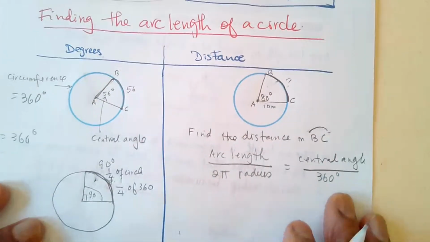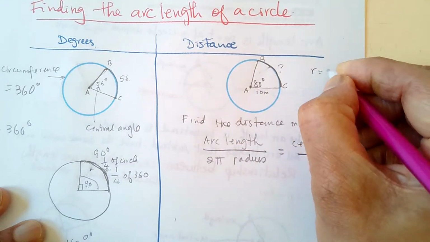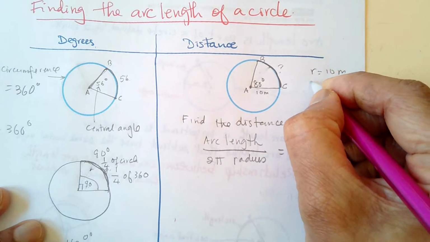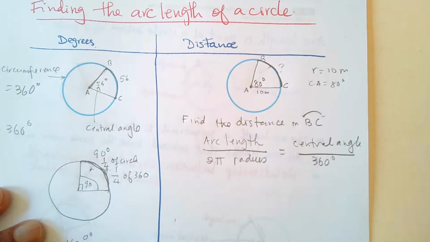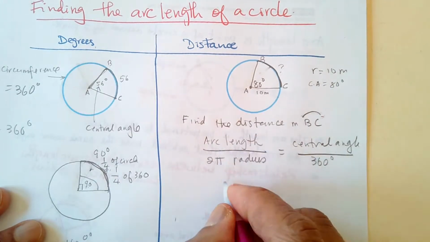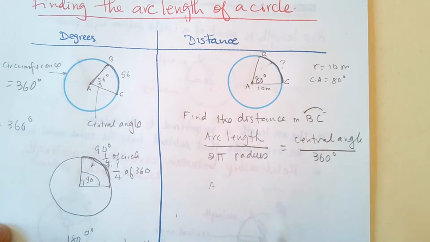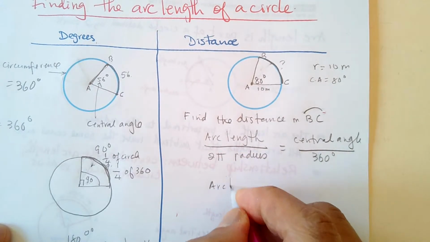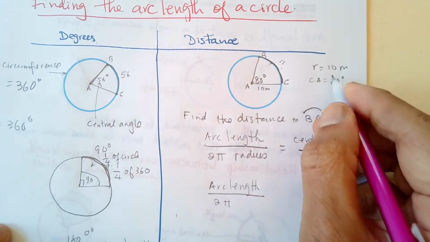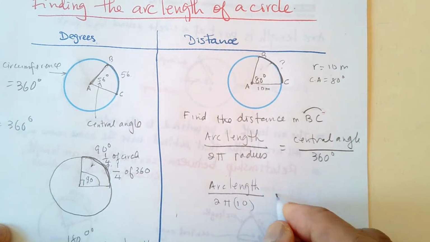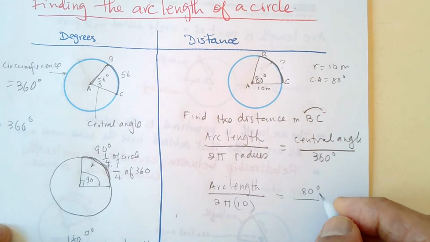Now, from our question here, our radius is equal to 10 meters. Our central angle is equal to 80 degrees. That's all we need for this one. So the arc length, which we don't know, over 2 times pi times the radius 10, is equal to your central angle, which is 80, over 360.